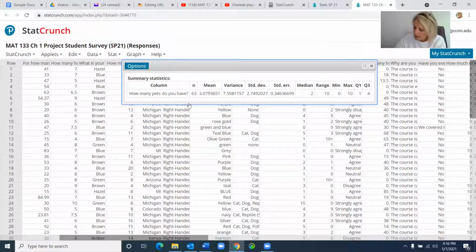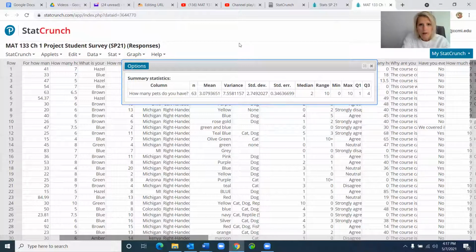So I want you to write that down, the word mean, right here, 3.079. I'm going to skip these other things. We're going to learn about those in the next couple lessons, but then you're going to go right here to median. And then you're going to write the word median. And under that, you can write 2. So the mean is 3.079 and the median is 2.